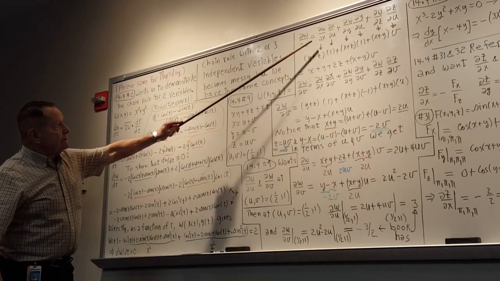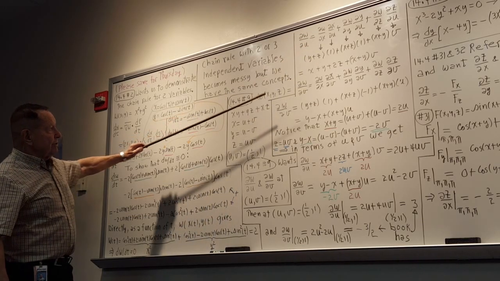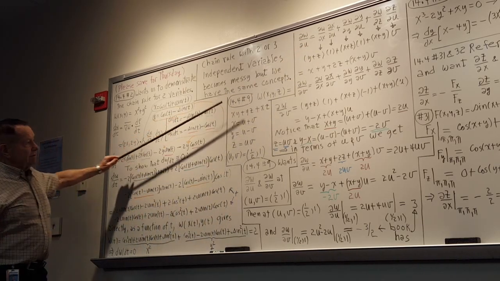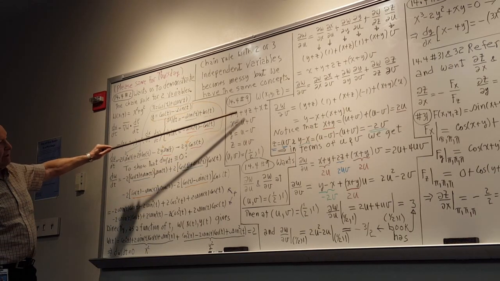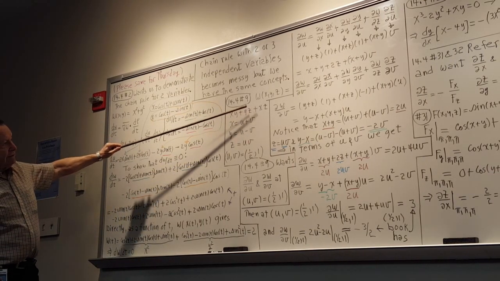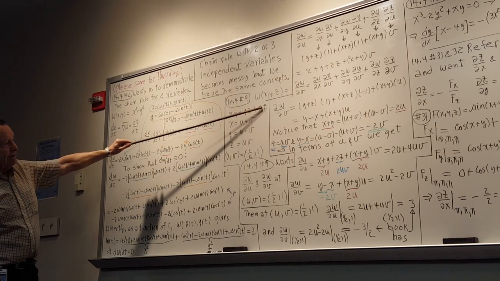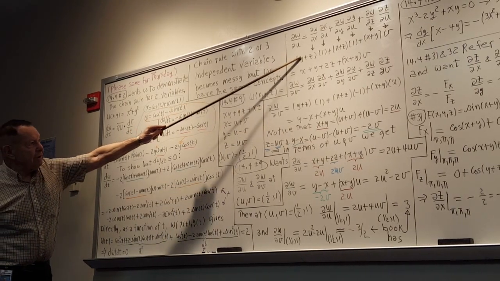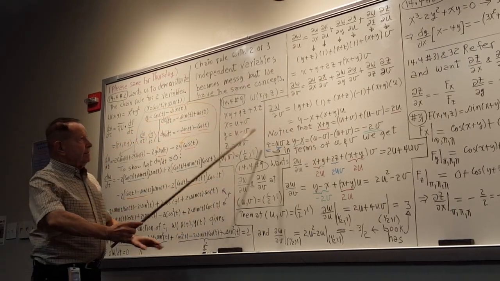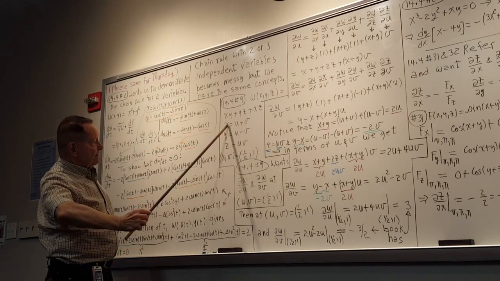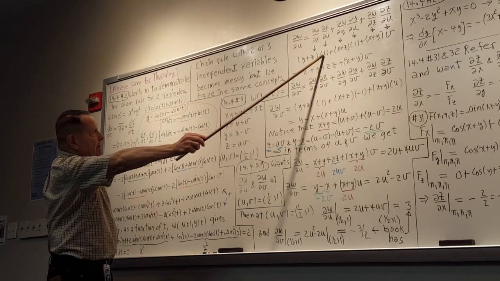So, see, in this problem, my partial with X, I get a Y from there and a 0 from there, and I get a Z from there. So I get Y plus Z. And then my partial of X with U gives me a 1.